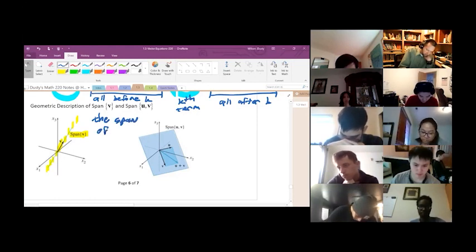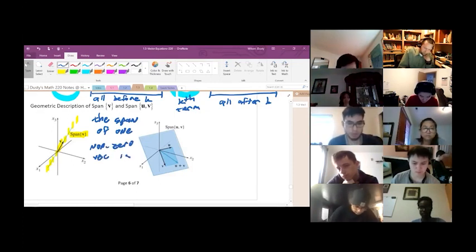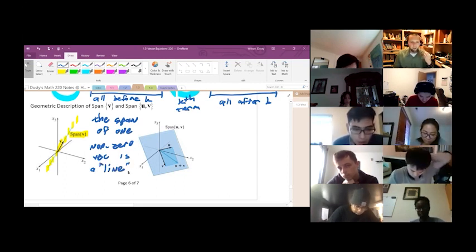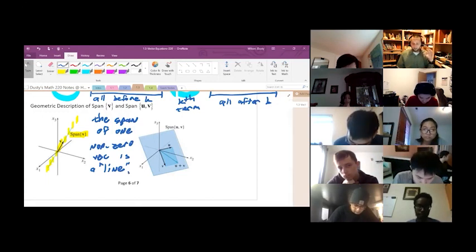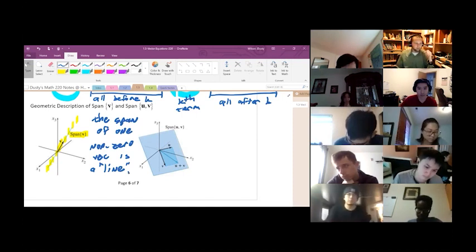The span of one non-zero vector is a "line." And I put the line in quotes simply because we could be in 5 dimensions or 50 dimensions or something like that, where the concept of a line isn't quite as clear to us.